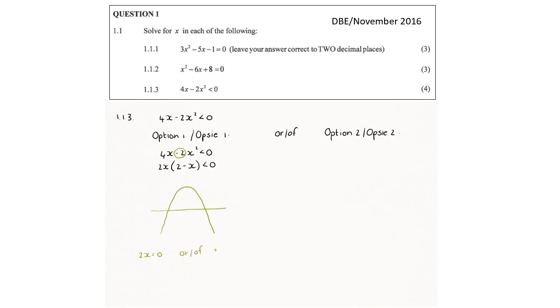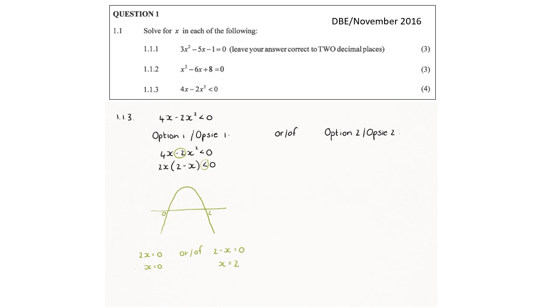And if we take 2x and we put it equal to 0, it gives us x equals 0 as the solution. And if we take 2 minus x and we put that equal to 0, it gives us the second critical point as x equals 2. And now if you go and look at the inequality, it says that 4x minus 2x squared is less than 0.